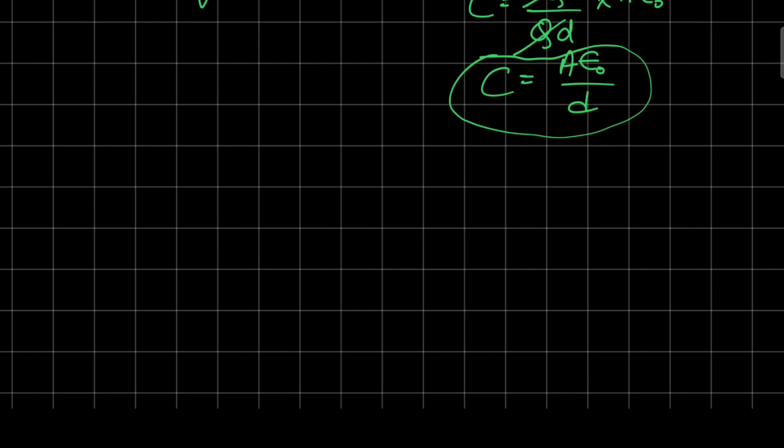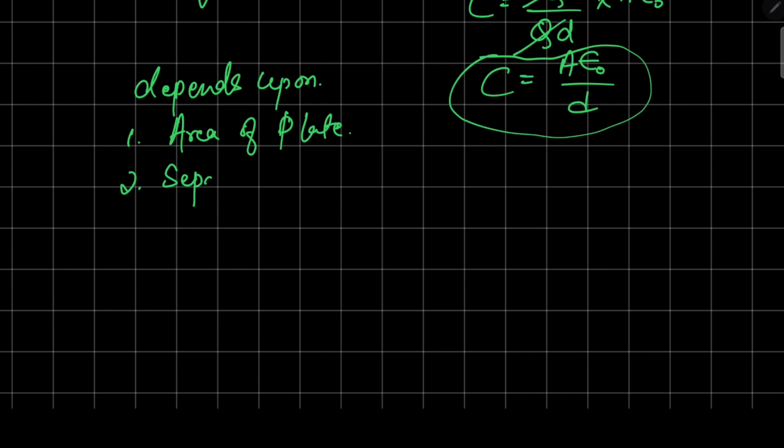Looking at this final expression, we can conclude that the capacitance depends upon, number one, the area of a plate. If you increase the area of a plate, the capacitance is also going to increase, because you see the linear relationship between A and capacitance. The second thing it depends upon is the separation between the plates.